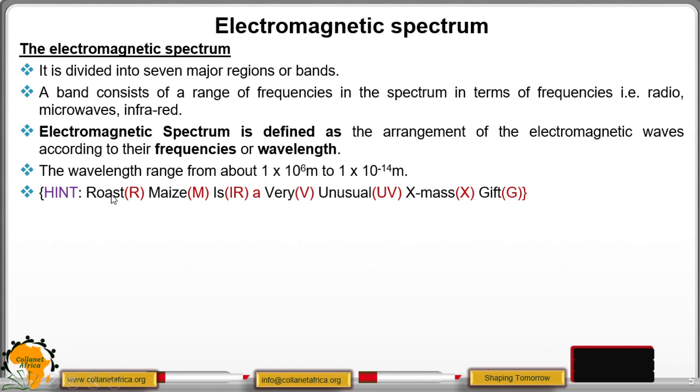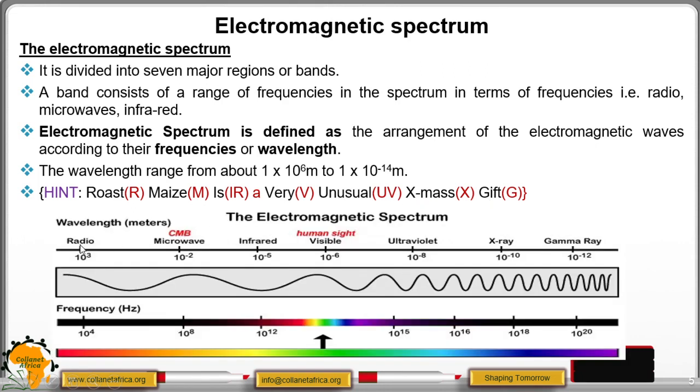For us to remember the 7 waves, we have a hint, or what we call the mnemonic: roast maize is a very unusual Christmas gift. R representing the radio wave, M representing the microwave, IR representing the infrared, V representing the visible light, UV representing ultraviolet, X representing the X-rays, and G representing the gamma radiation.